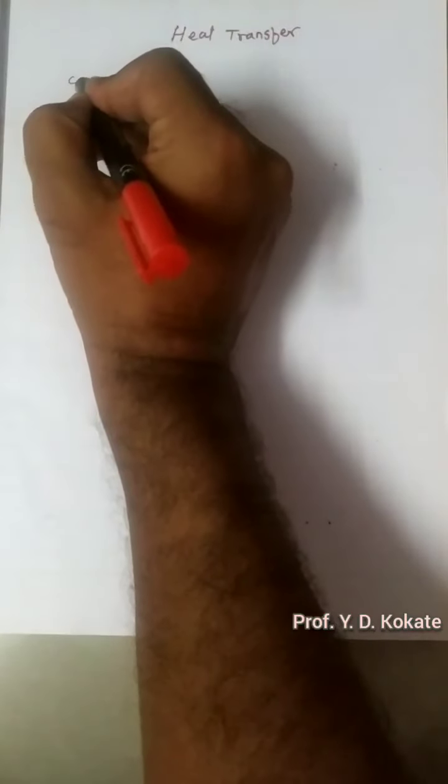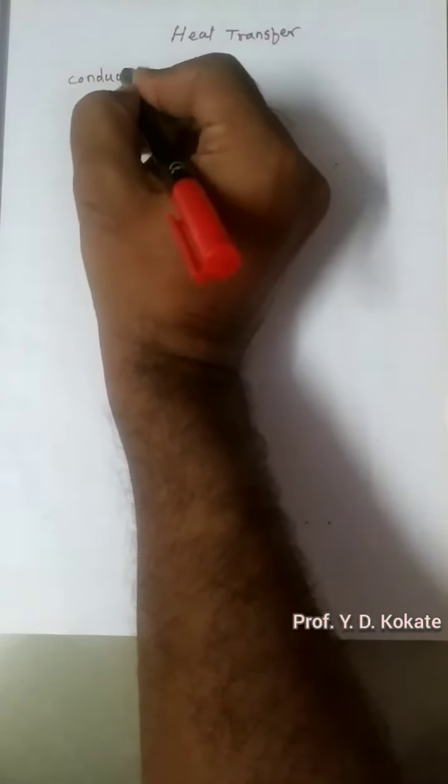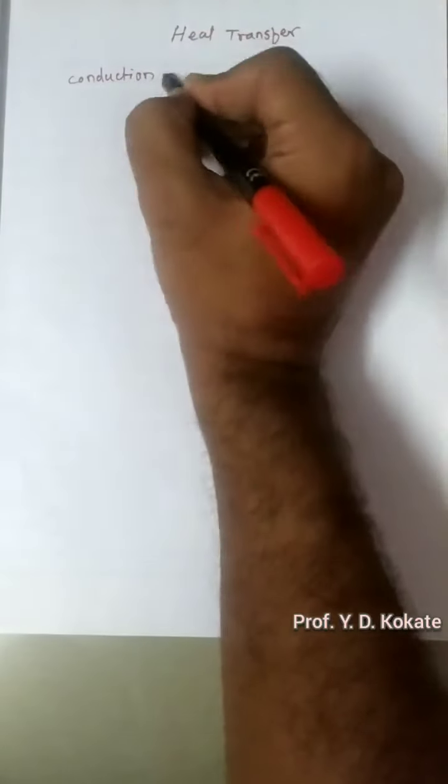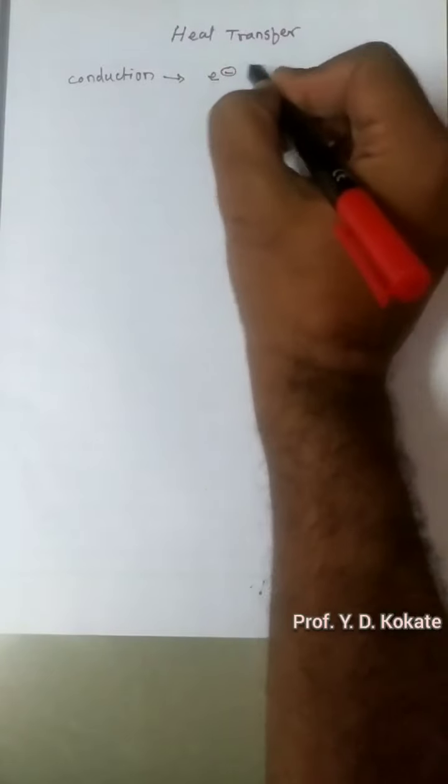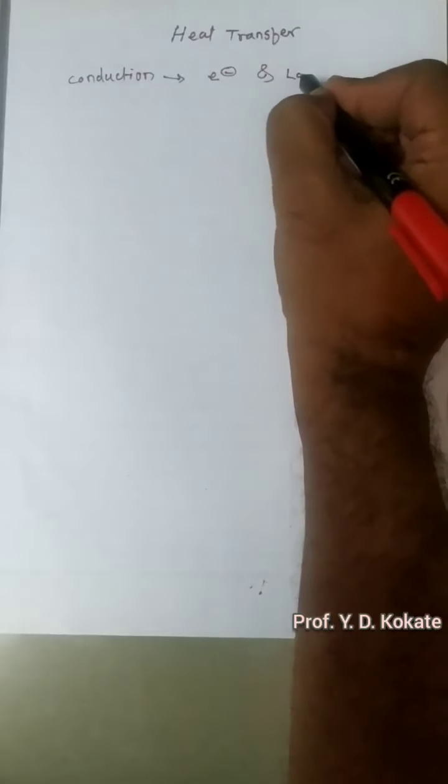In the video lecture series of heat transfer, in this video we are going to learn the difference between conduction, convection and radiation. In the last video we already noted that conduction takes place by virtue of free electrons and lattice vibration.